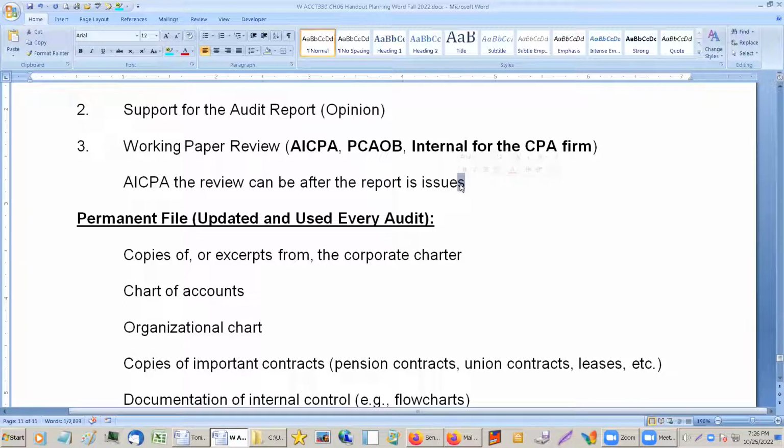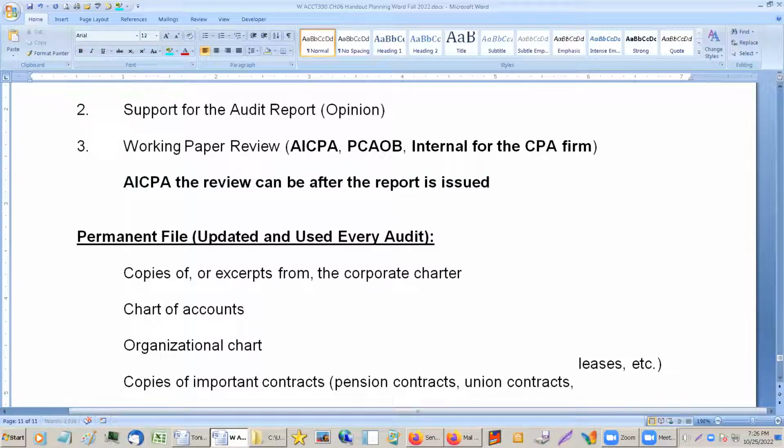For the PCAOB, the review must be done before it is issued.